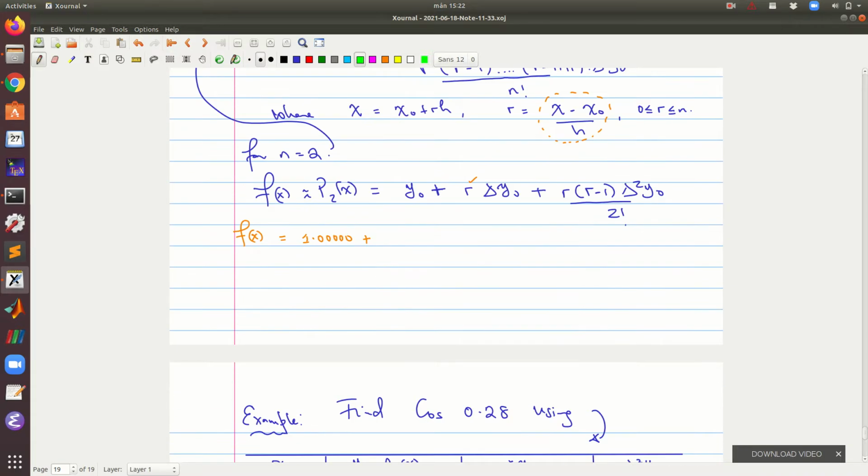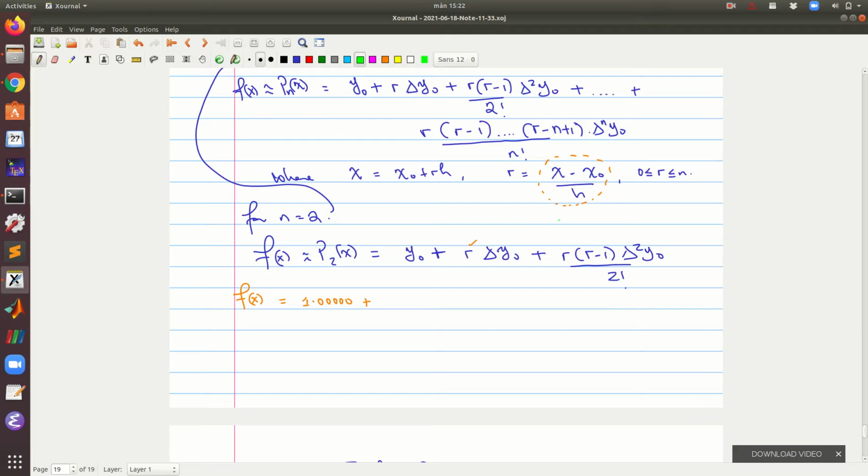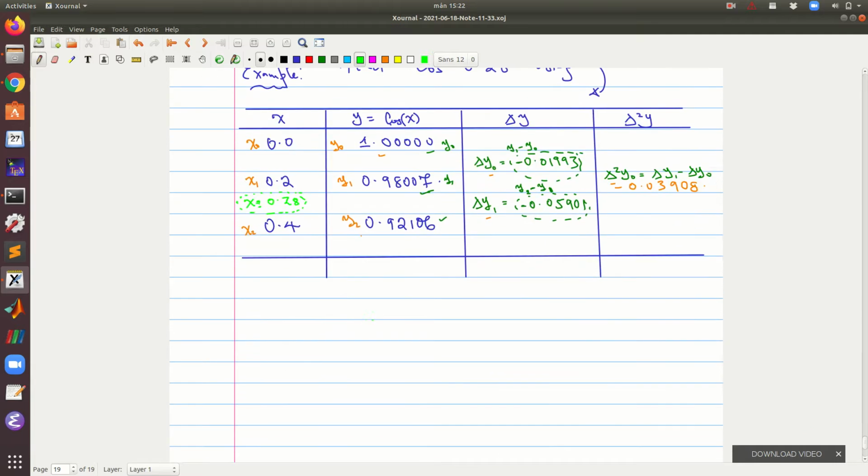So for our r, which is x minus x0 divided by h, we know that r is x minus x0 divided by h. So it is going to be equal to, our x is 0.28 minus x0, which is 0.0, divided by h, the step length here.